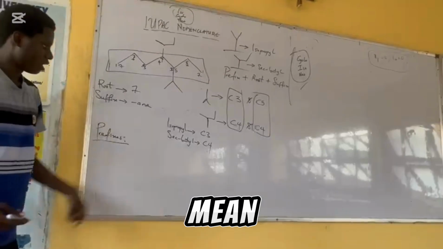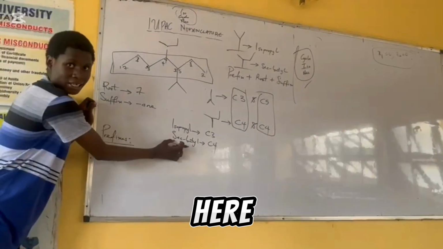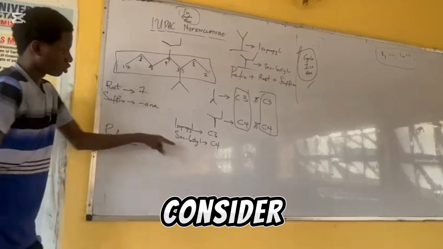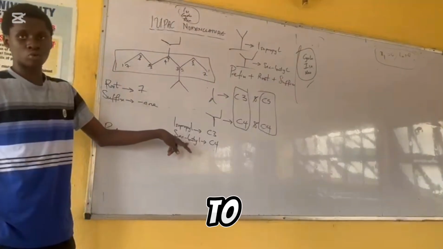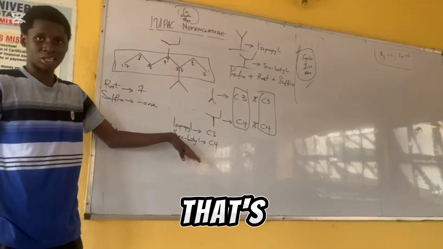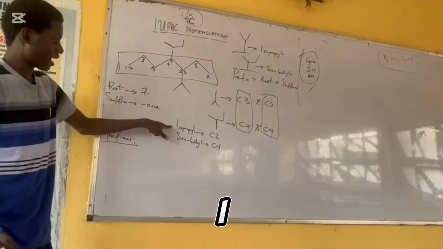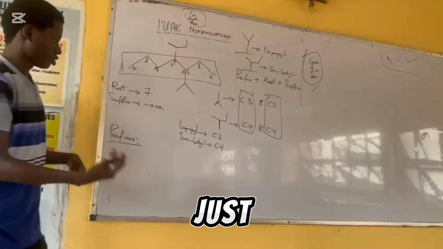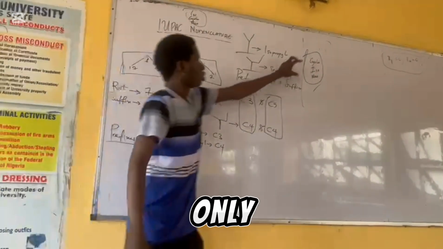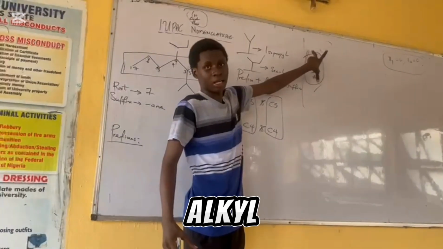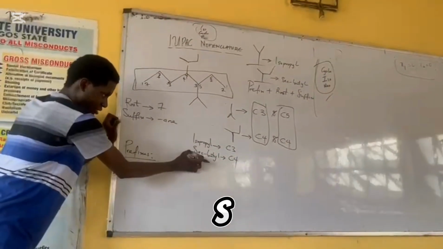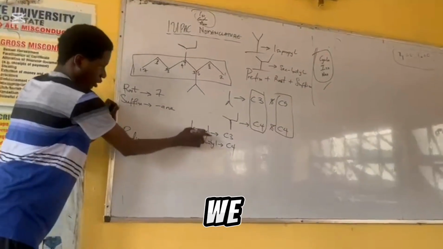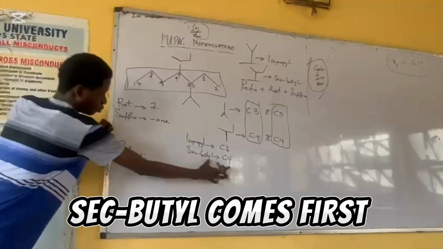Hence, we are not considering the sec here. We are going to consider the B for butyl. Hence, butyl has to come first. That's just the logic. But we consider the I in isopropyl. So that's the logic: we consider only these kinds of alkyl patterns. That's why for sec, we are not considering the S, we are considering the B, and for isopropyl we consider the I. Hence, sec-butyl comes first.